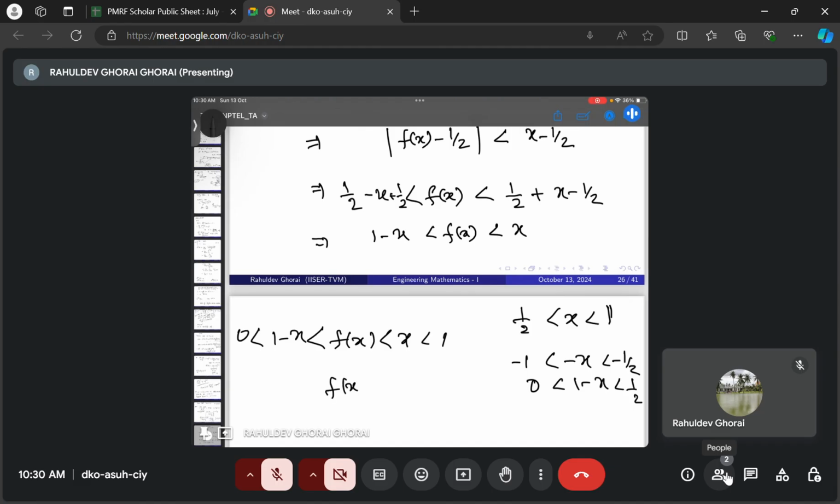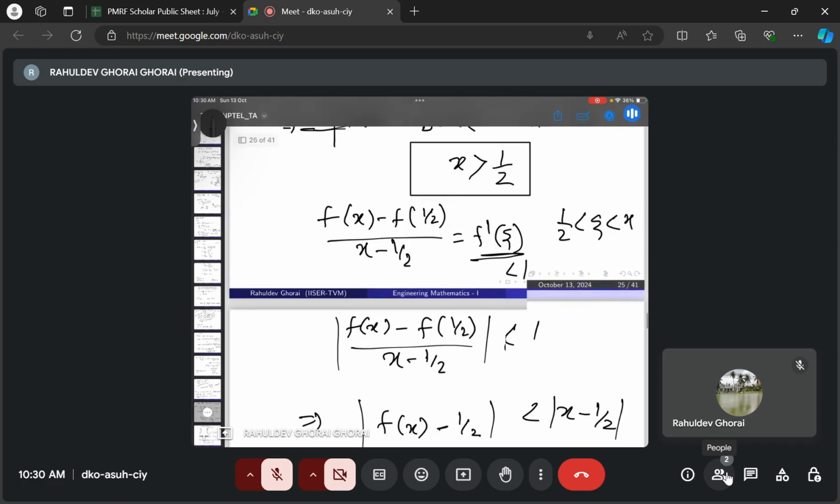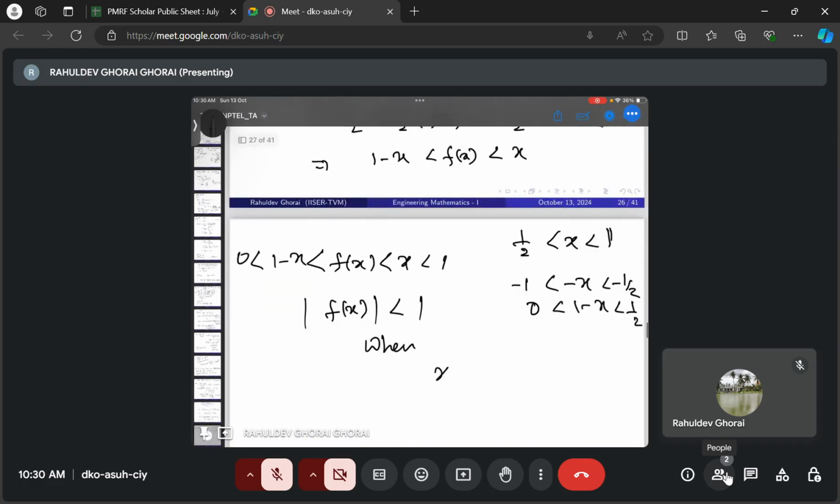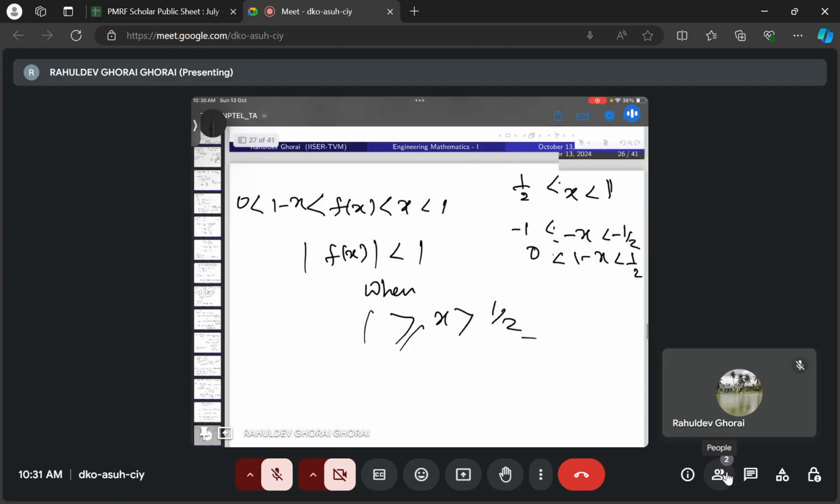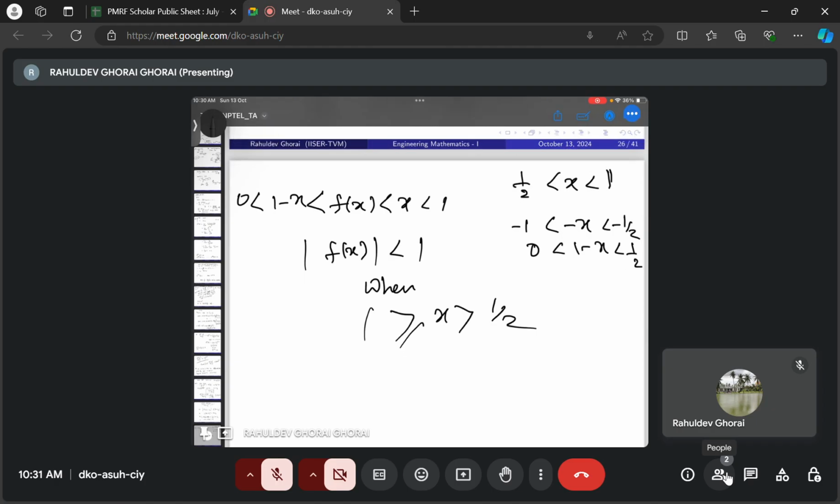So |f(x)| in this case is less than 1 when, what is the assumption here? x is greater than half, and x is of course less than or equal to 1, right? So from here we can show that when x belongs to the interval half to 1, then |f(x)| is less than 1.